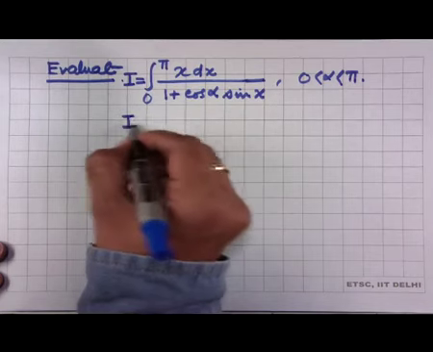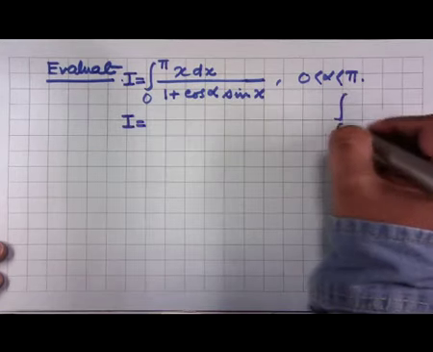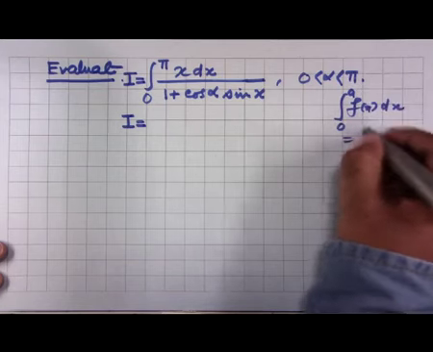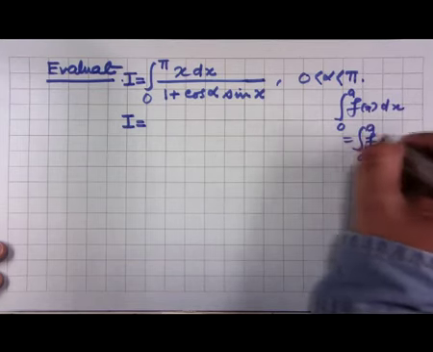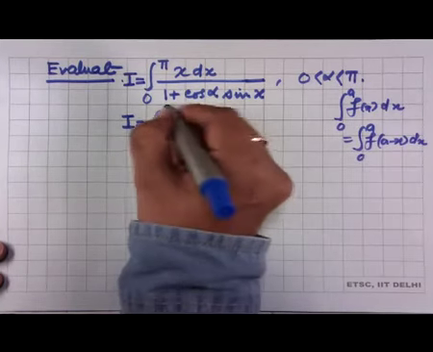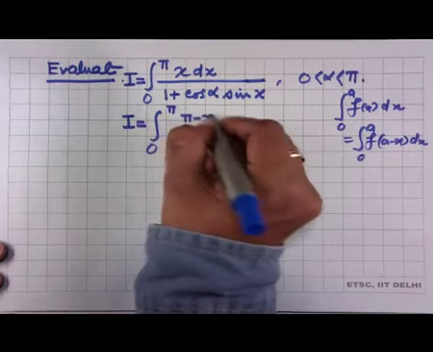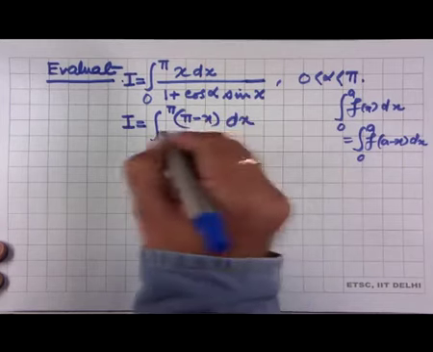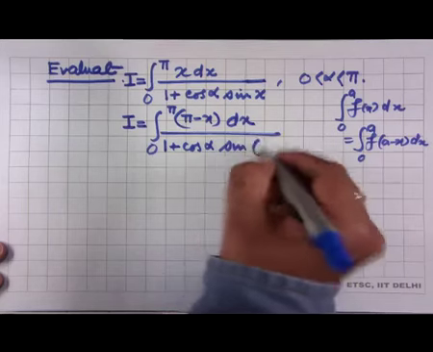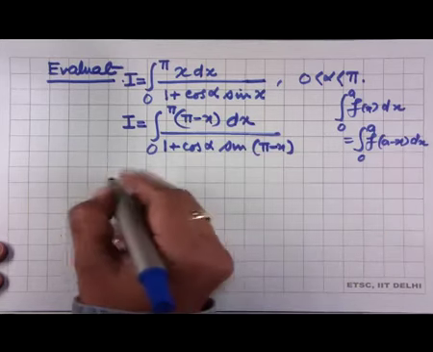So I you can write by using the property that integral 0 to a of f(x) dx is the same as integral 0 to a of f(a minus x) dx. You can write 0 to pi, x is replaced by pi minus x, 1 plus cos alpha sin pi minus x.